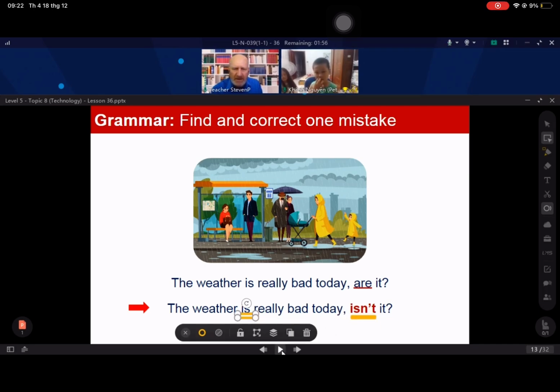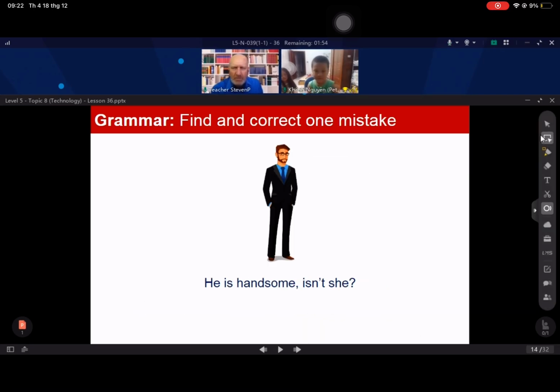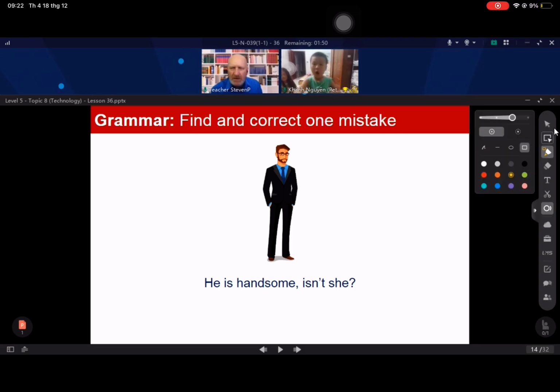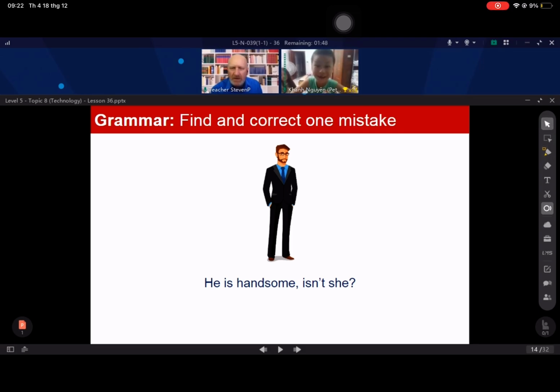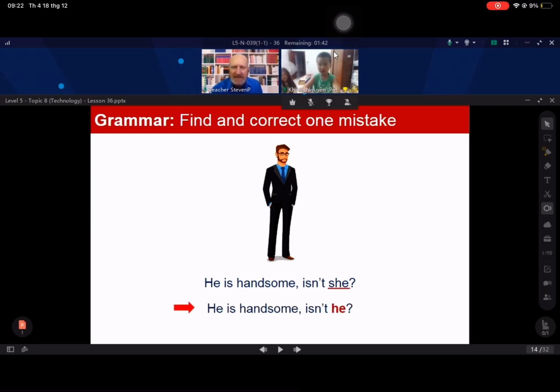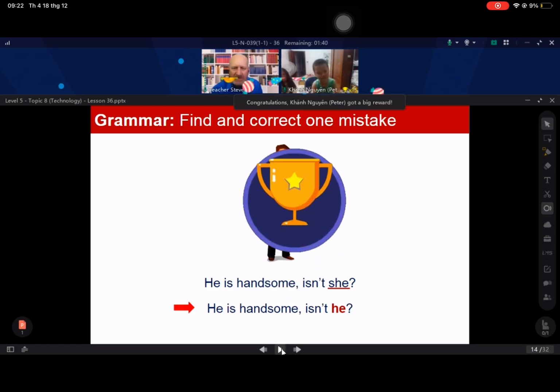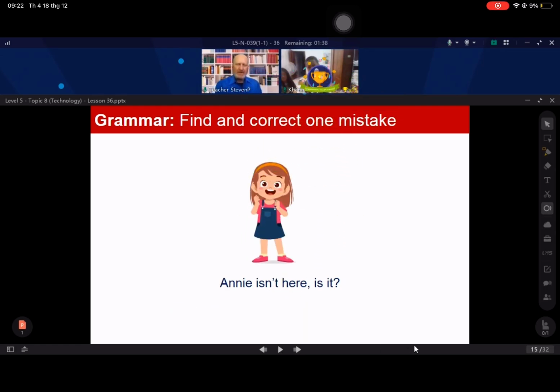Okay, let's try another one. What is wrong with this sentence? He is handsome, isn't he? Yes, very nice. Well done. Okay, good. What about this one?